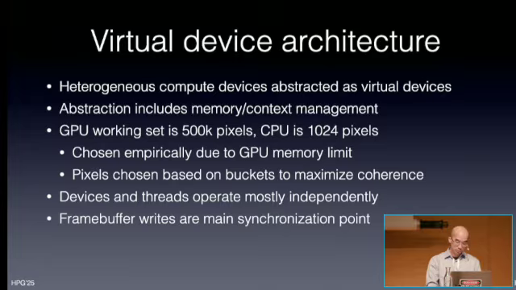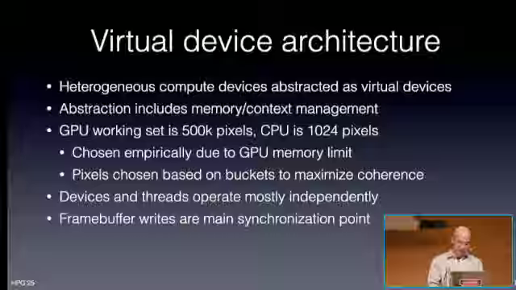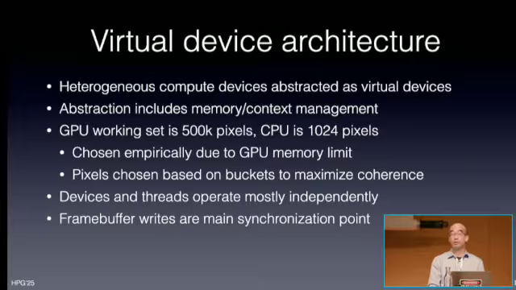The GPU number was chosen empirically based on the memory constraints of our current workstation, our lighter workstations at Pixar, and balanced against the ability to quickly cancel renders for artist edits. For task management, kernels are launched by threads onto devices that mostly run independently, based on standard producer worker thread queues. The main synchronization point that we have to worry about is writes to the frame buffer.